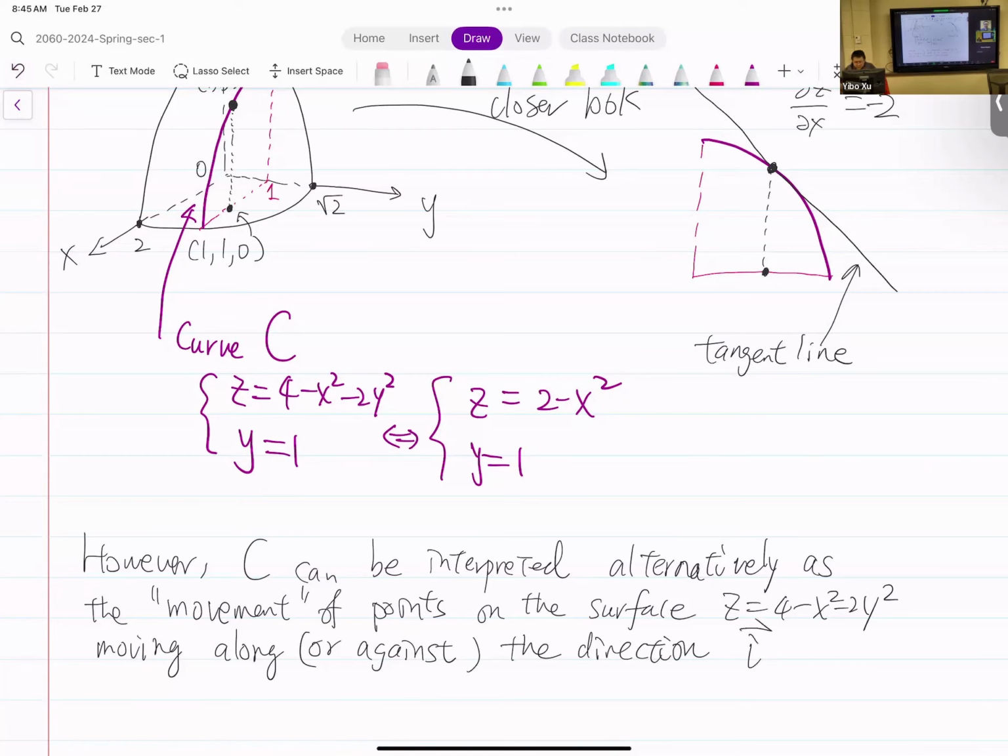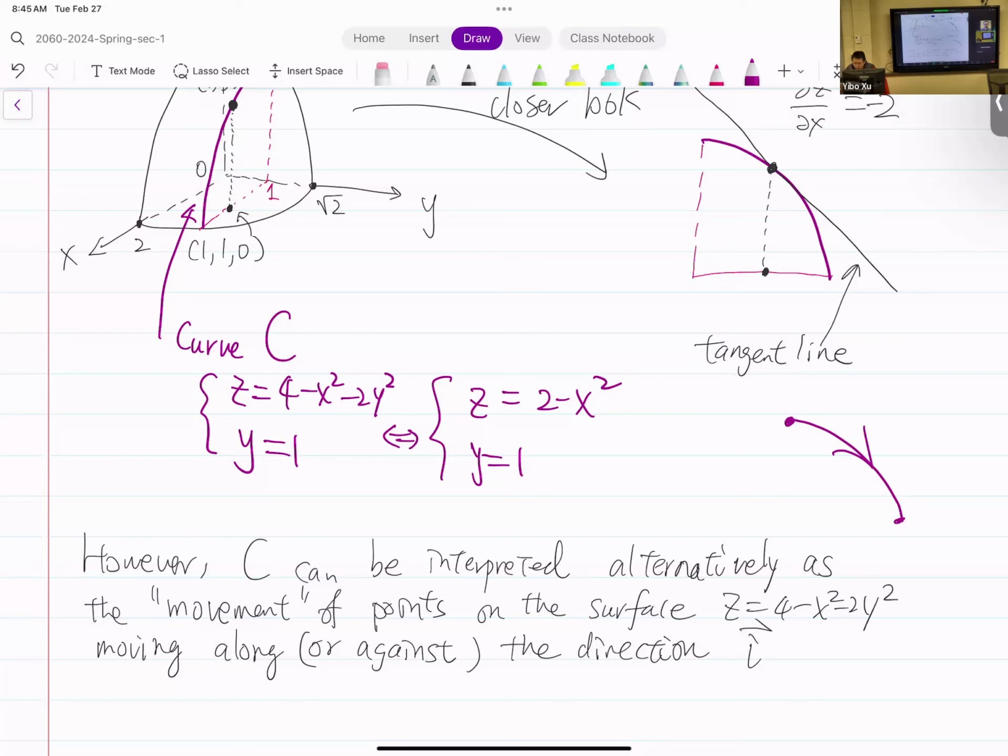So basically, now if you think about traveling along the purple curve, let me just do the illustration right here. You have a purple curve like this in the xz plane, right? If you do the parameterization, it's just going to travel from the top to bottom like this. Okay?